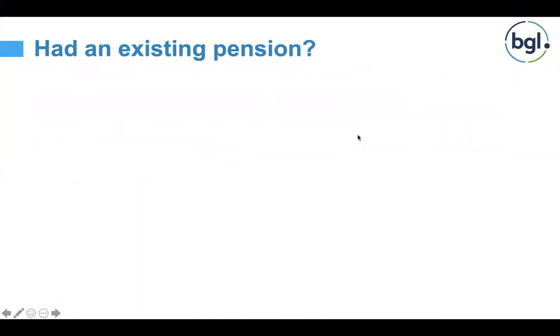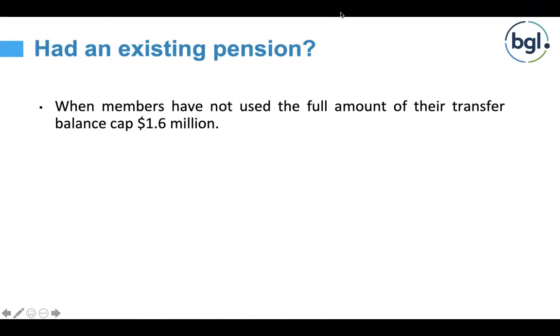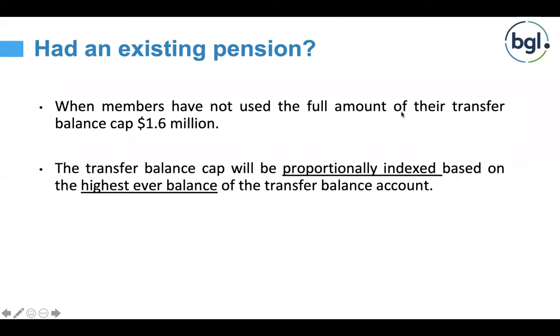How about everybody in between? So what if you had an existing pension amount, but it wasn't quite the 1.6 million? Okay, so if you haven't used up the cap, your transfer balance cap is going to be indexed based on the highest balance of your account.